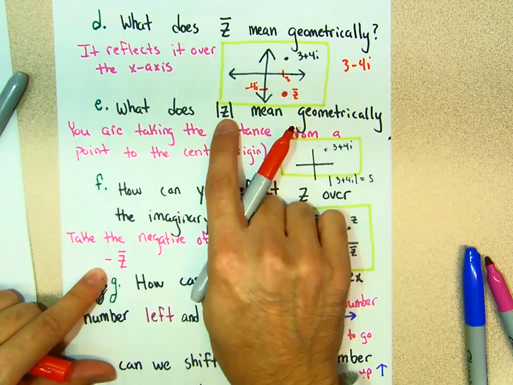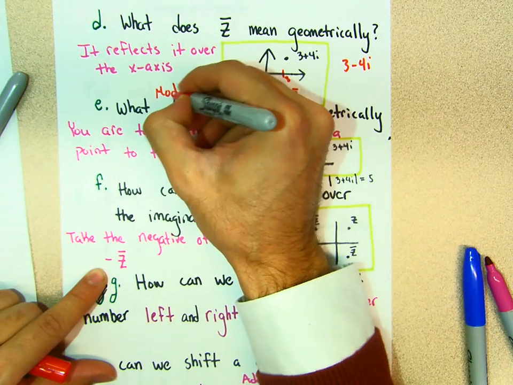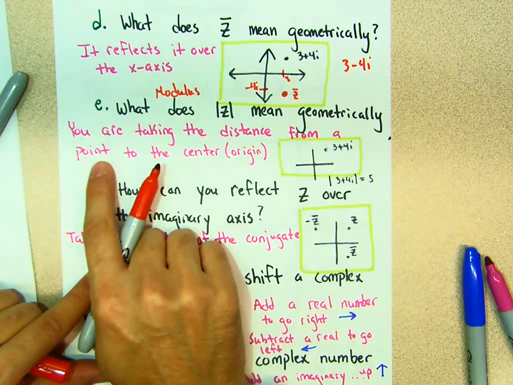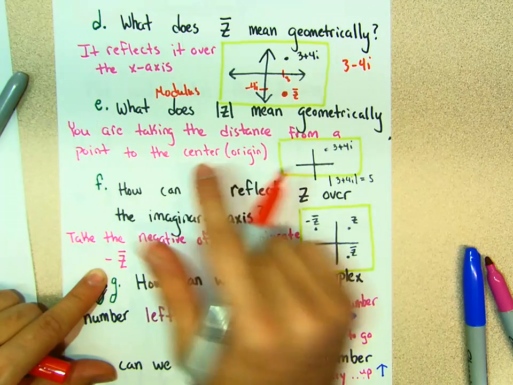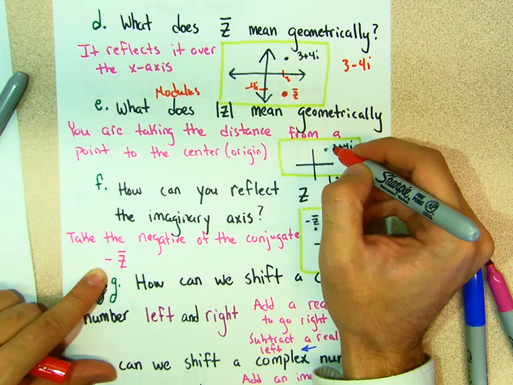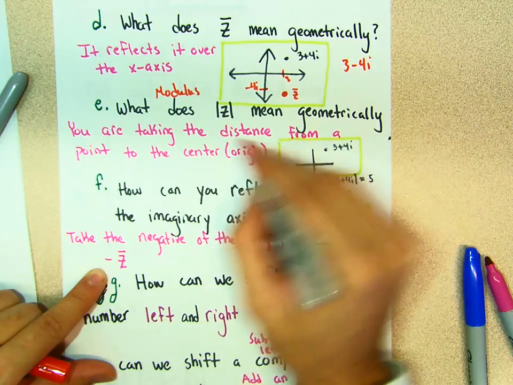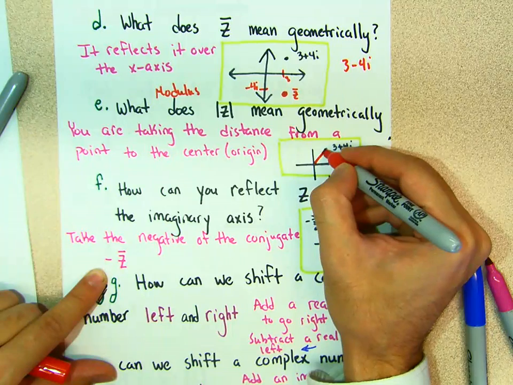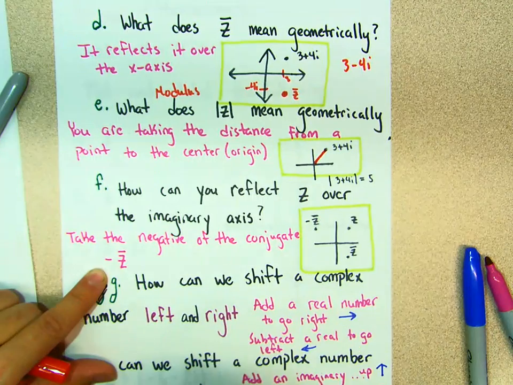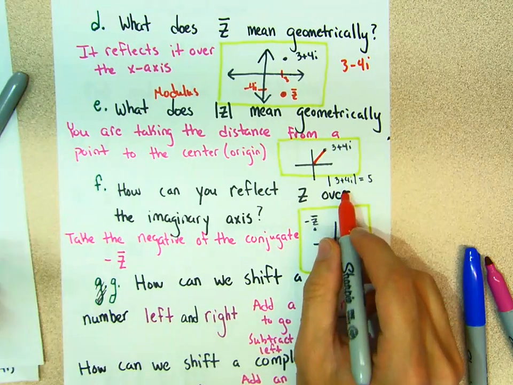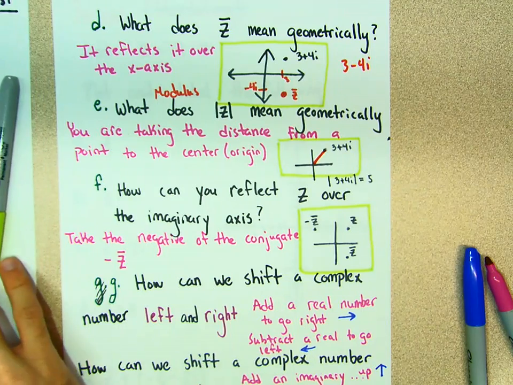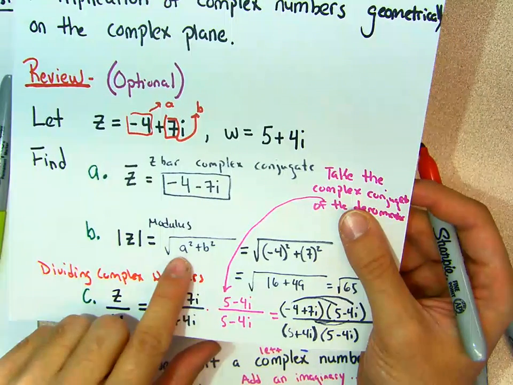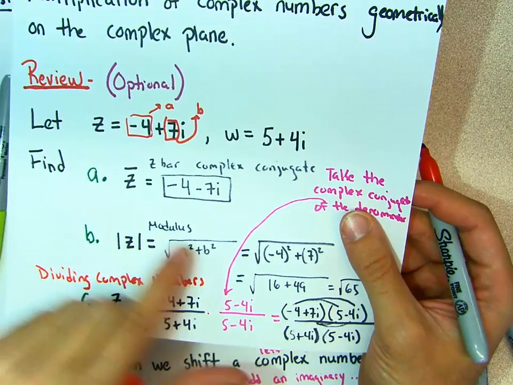What does it mean to take the modulus? So this is the modulus over here. You are taking the distance from a point to the center. So if I have this point here, 3 plus 4i, and I take the modulus of this point, you are calculating the distance from this point to the center. And if you use the same formula we did before, the modulus of z is the square root of a squared plus b squared.